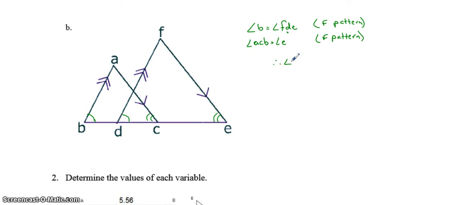And therefore, triangle ABC is similar to triangle FDE, and the reason is AA similarity. So that's a full proof. You have to state the information that's equal, how you know, state the similarity statement, and the sufficiency condition.